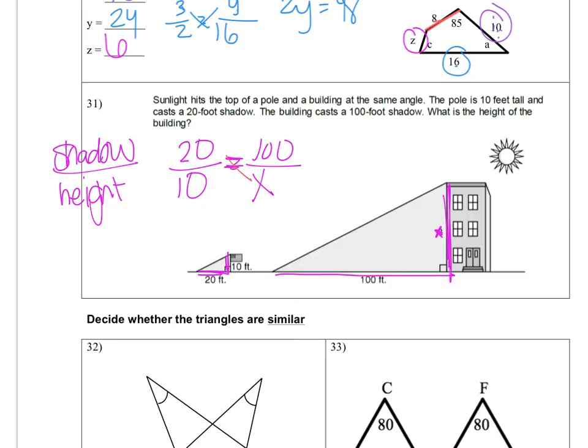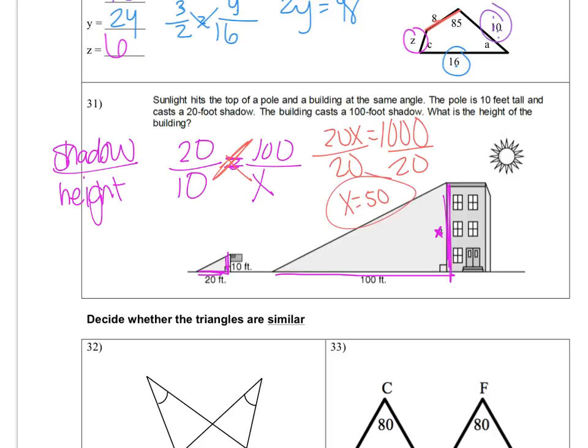Cross multiply. 20 times x is 20x equals 10 times 100 is 1,000. Okay, divide by 20 on both sides, and you're going to get x equals 50. You might be seeing this question again very soon.